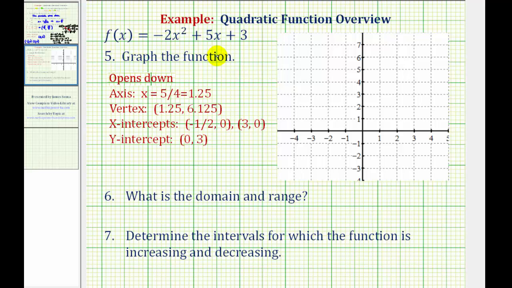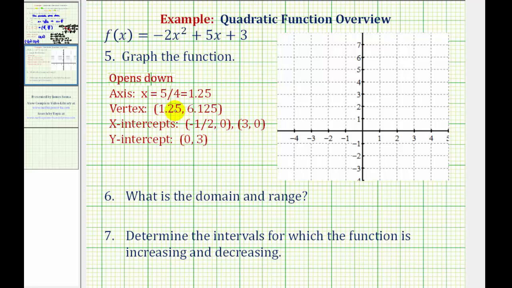Now we want to graph this function. Let's take a look at the information that I provided here from the previous slide. Notice for the equation of the axis, x equals 5/4, I converted this to a decimal. 5 divided by 4 is 1.25, which again is the x-coordinate of the vertex, and 6.125 is equal to 49/8, which was the y-coordinate of the vertex.